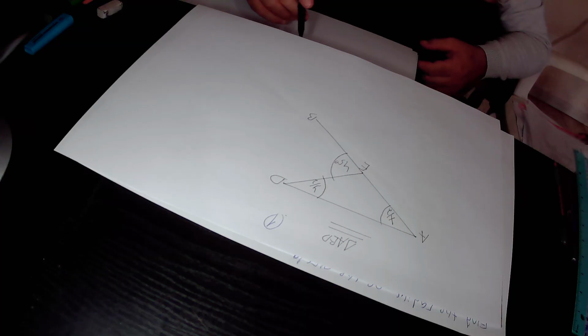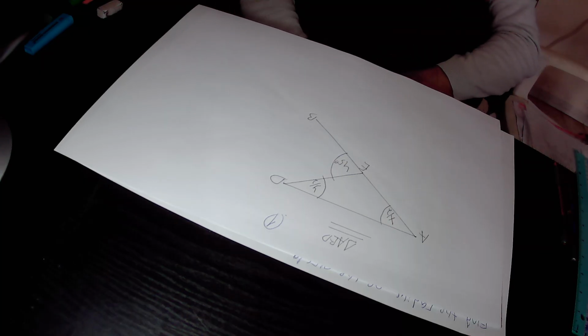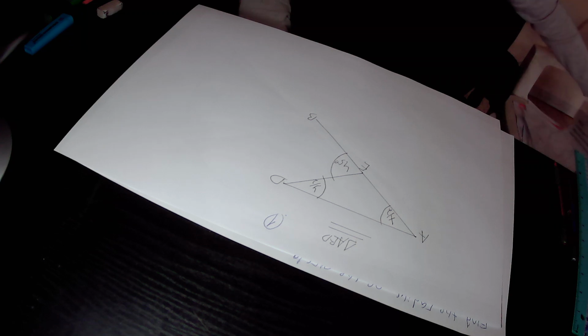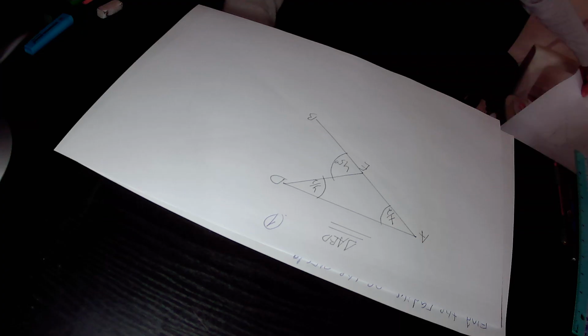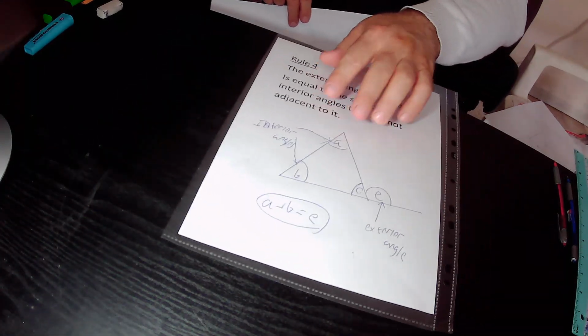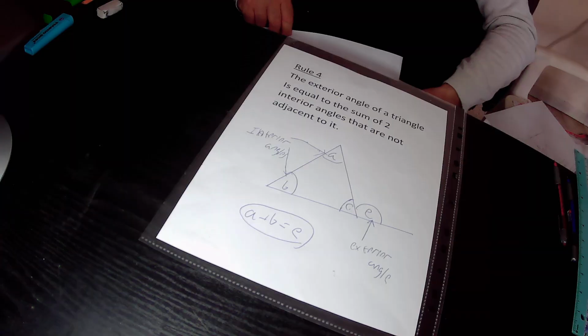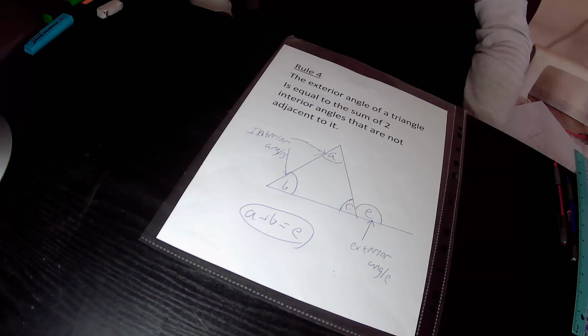I'll repeat quickly on rule 4. According to rule 4, the exterior angle of a triangle is equal to the sum of the two interior angles that are not adjacent to it.